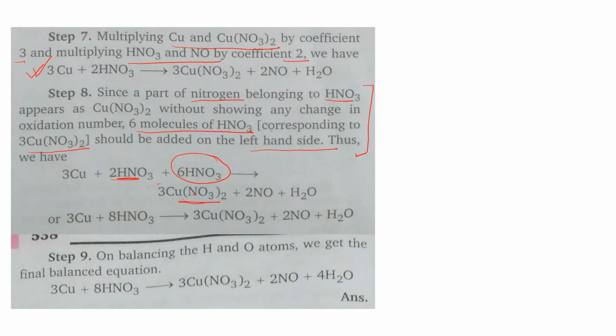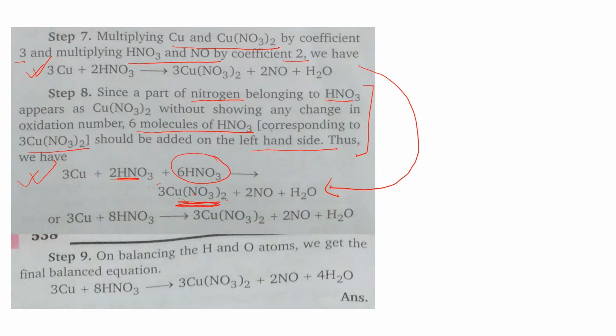Thus the equation becomes 3Cu plus 2HNO3 plus 6HNO3, giving 3 Cu(NO3)2 plus 2NO plus H2O. I think you have understood.